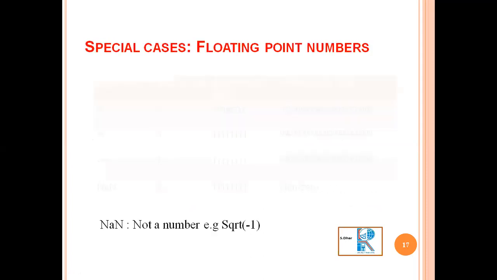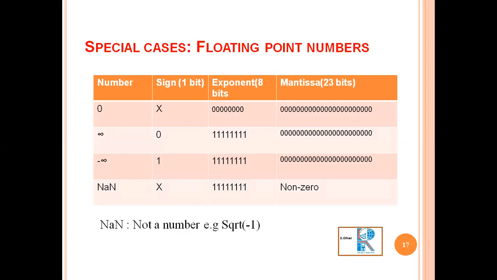That's the reverse. Now here are some special cases in the IEEE 754. What is the special case? If the sign bit is any, 0 or 1, and all the exponent bits are 0 and all the mantissa bits are 0, this number is considered as a 0 in the IEEE 754.